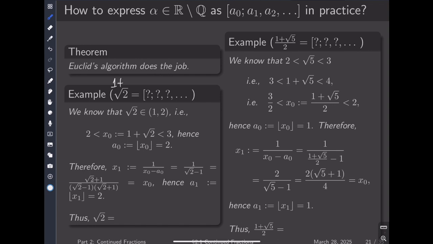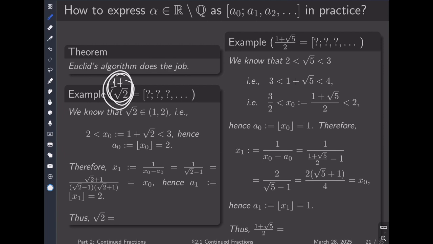Maybe I was really focusing on this. You take 1 over square root of 2 minus 1, and for this one you have 2, 2, 2, 2, 2, 2.